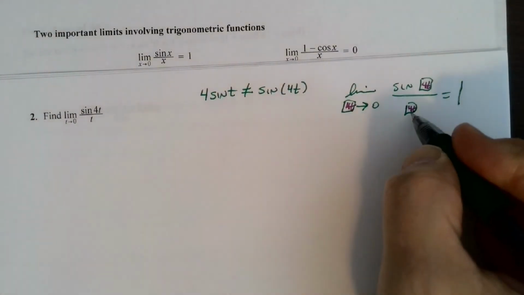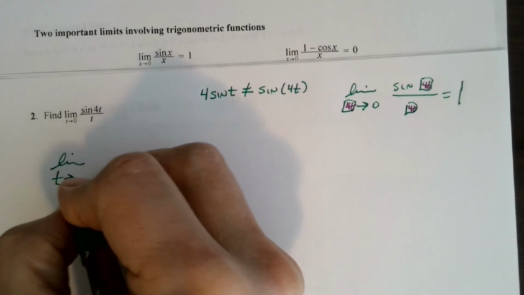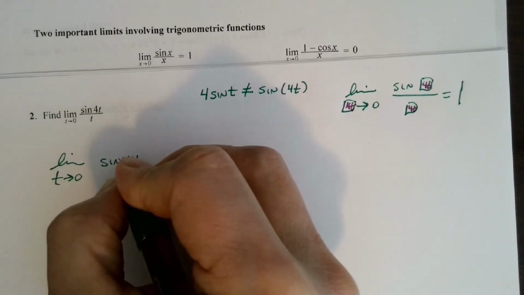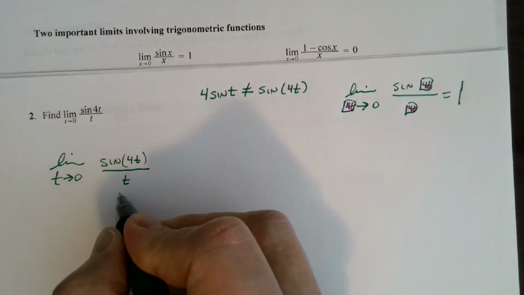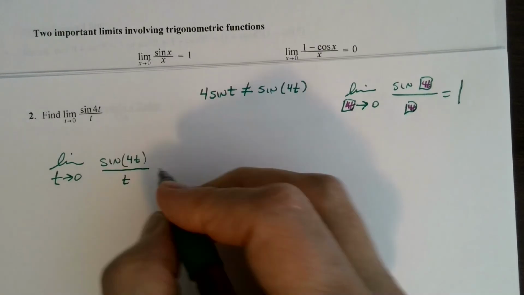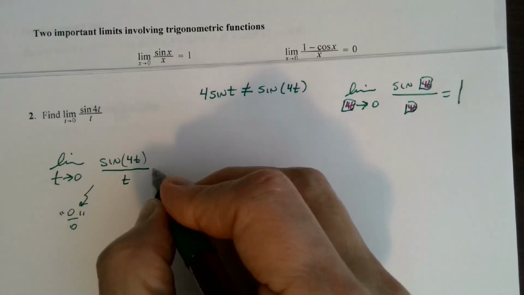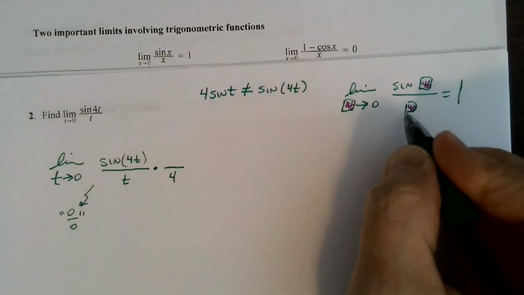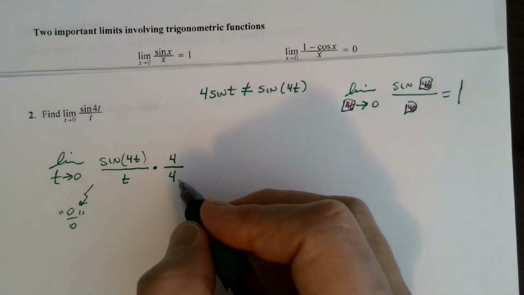Well, the one down here is pretty easy. When I look at the limit as t approaches 0 of sine of 4t over t, again, when you plug in directly, you get 0 over 0, so that's not going to help us. So we're going to multiply the denominator by 4, so I get the 4t that I need. Of course, I have to multiply the numerator by 4 as well, because I can only multiply by 1.